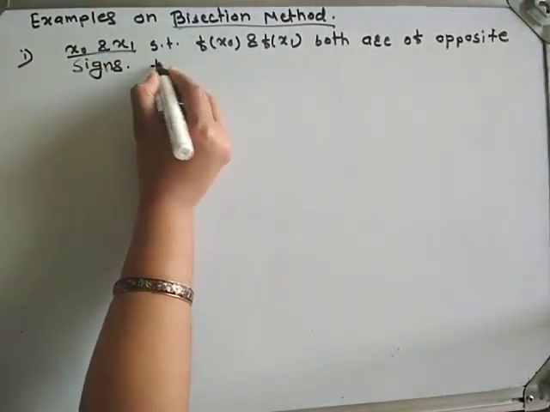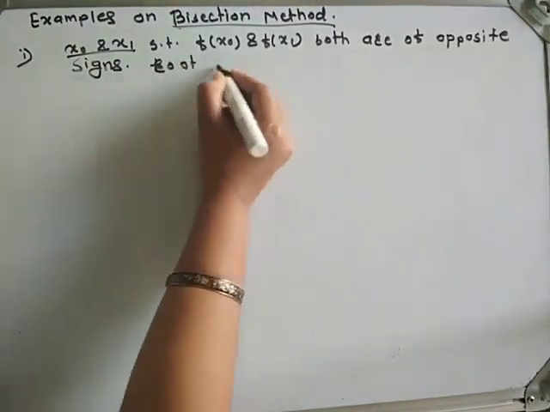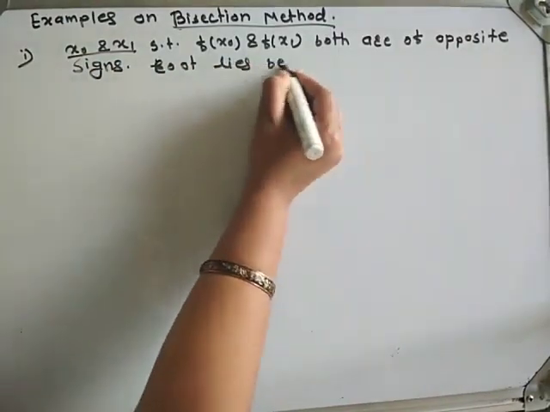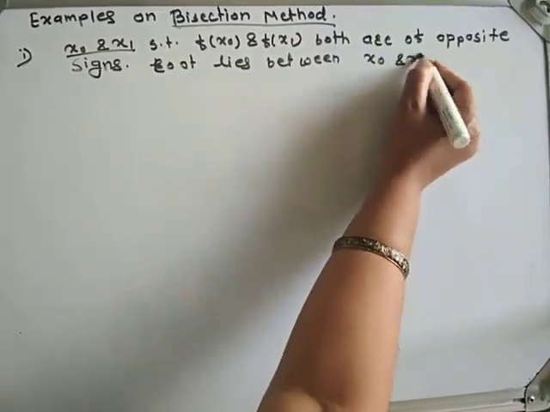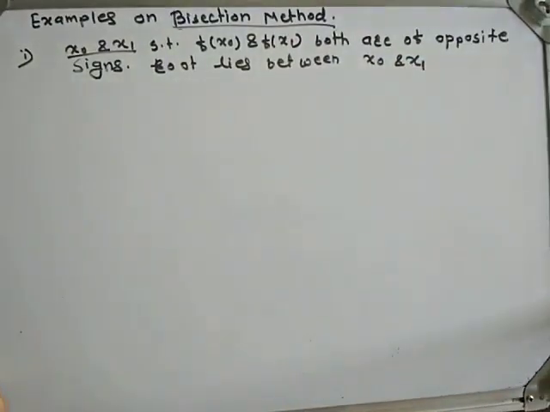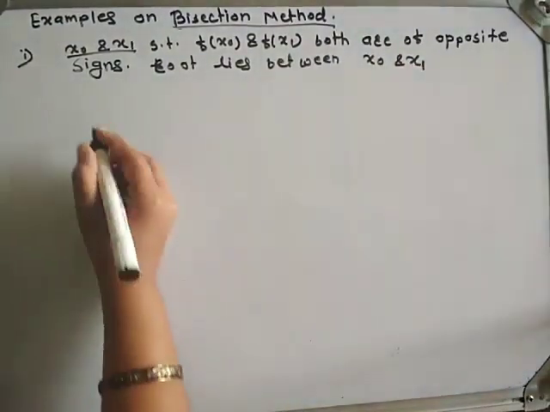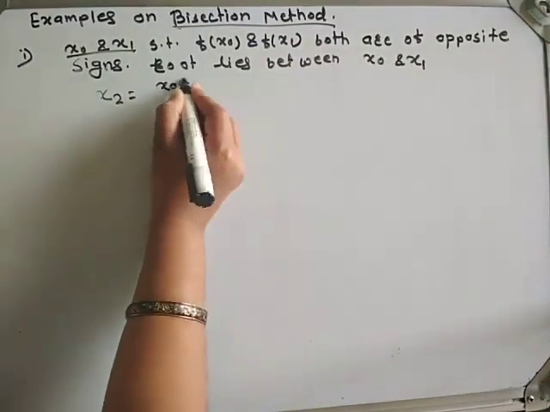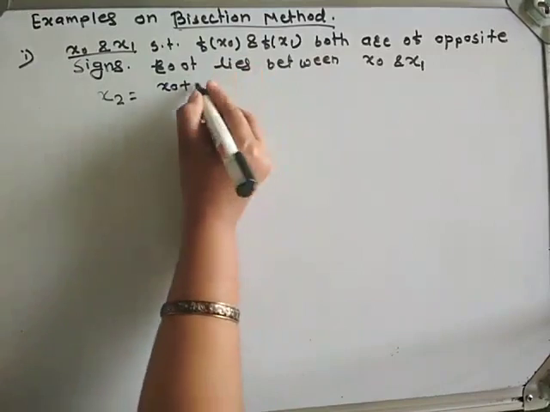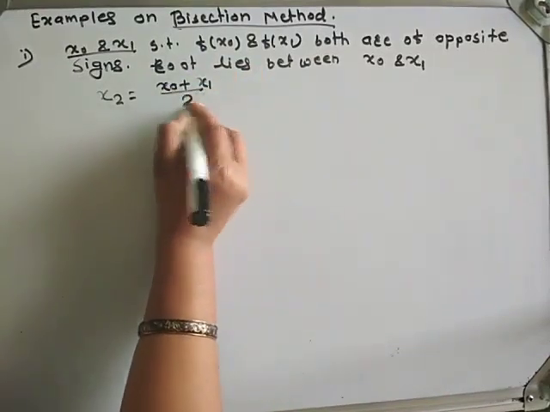Then the root lies between x0 and x1. The approximate value of the root is x2 equals x0 plus x1 upon 2.